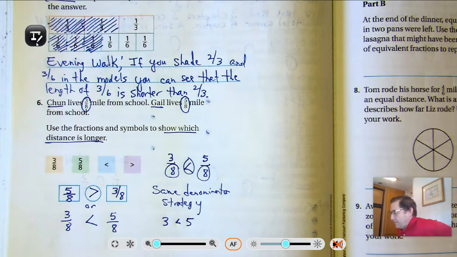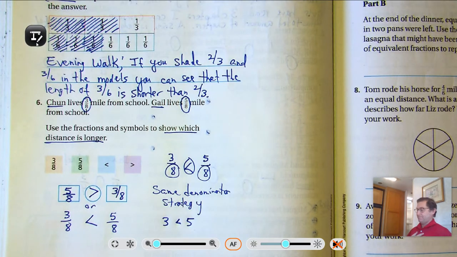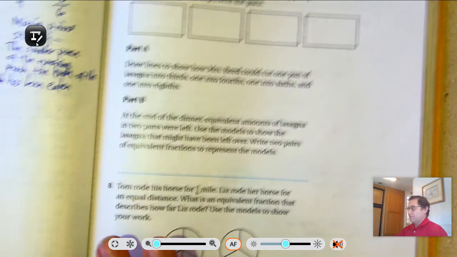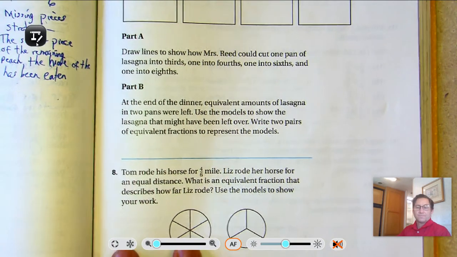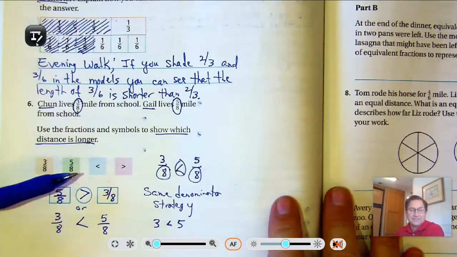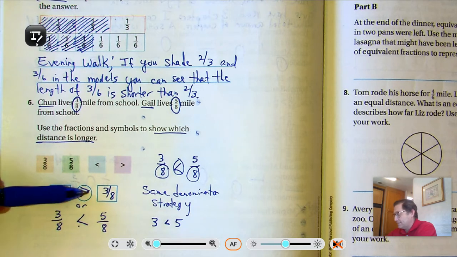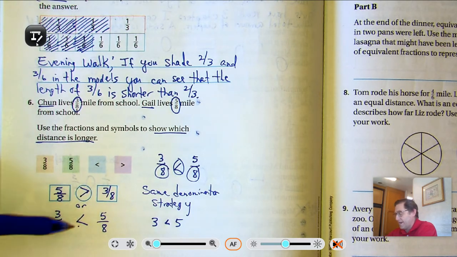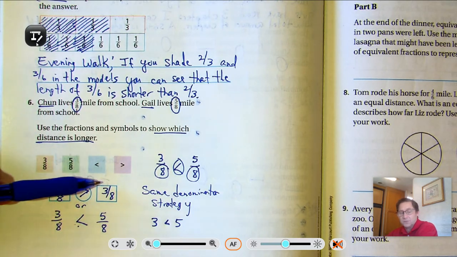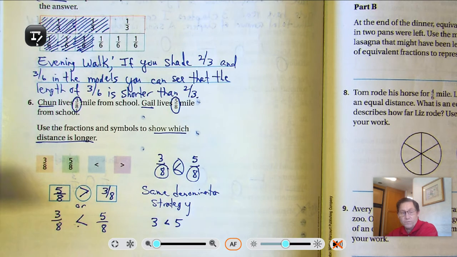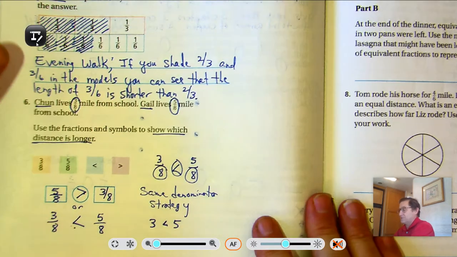So either possibility is right, in the sense of putting the symbol correctly. You'll notice that the point is pointing towards 3/8 in both of them. So 3/8 is less in both of these models or answers.